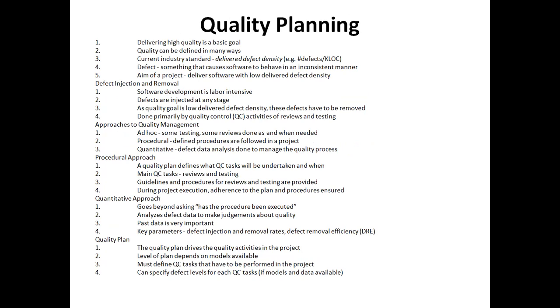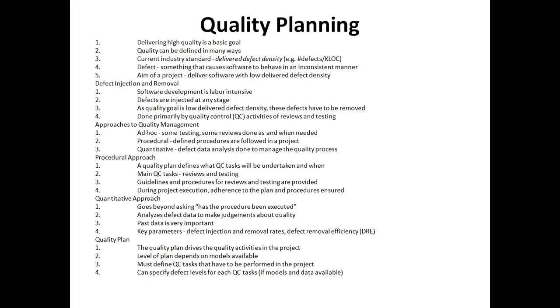To ensure that the final software product is of high quality, some quality control activities must be performed throughout the development. A quality control task is one whose main purpose is to identify the defects in the development.